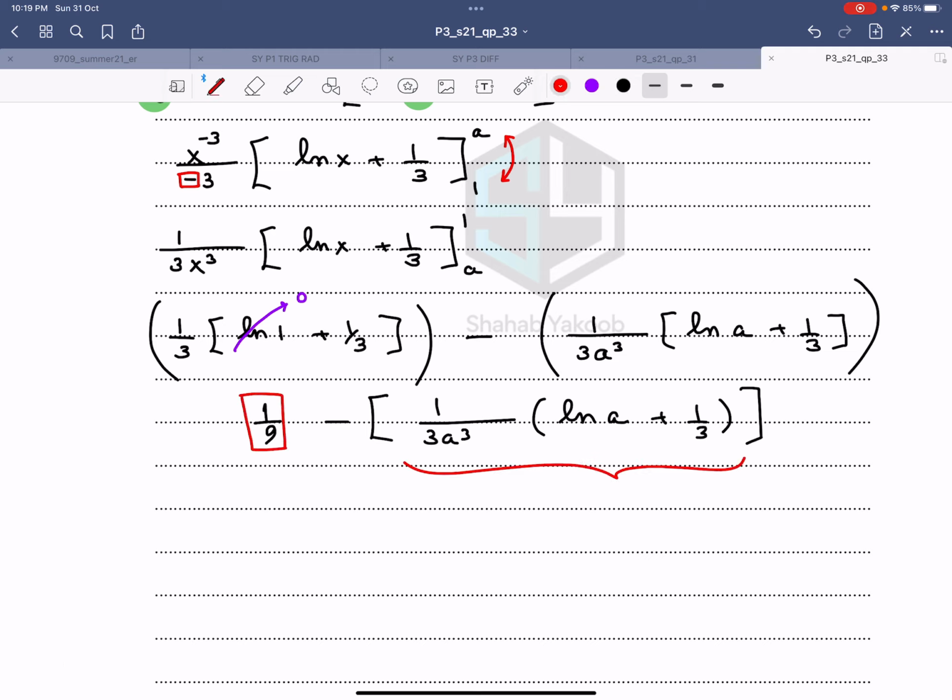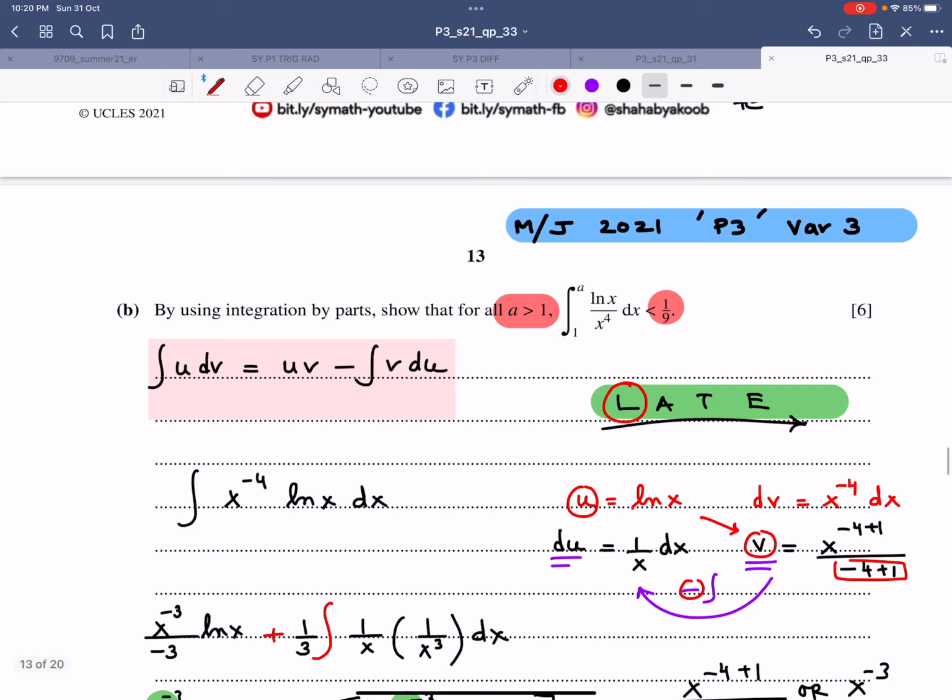This whole thing will have some positive value, the reason being a is greater than 1. So ln of a will be positive, plus 1/3, it will be positive, this will be positive, overall this will be positive. So 1 over 9 minus some value will definitely be lesser than 1 over 9, and that is what the conceptual question that the examiner has asked.